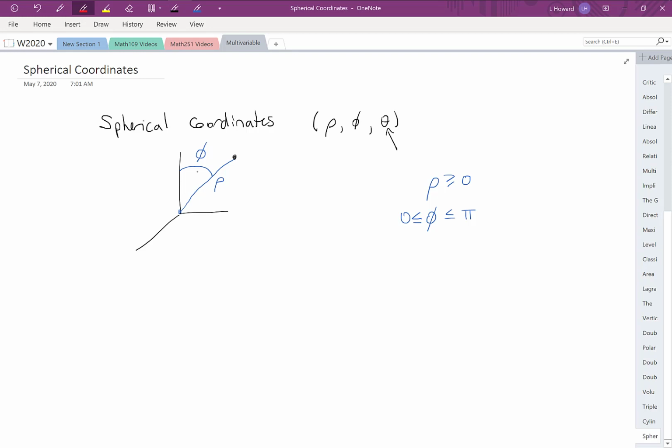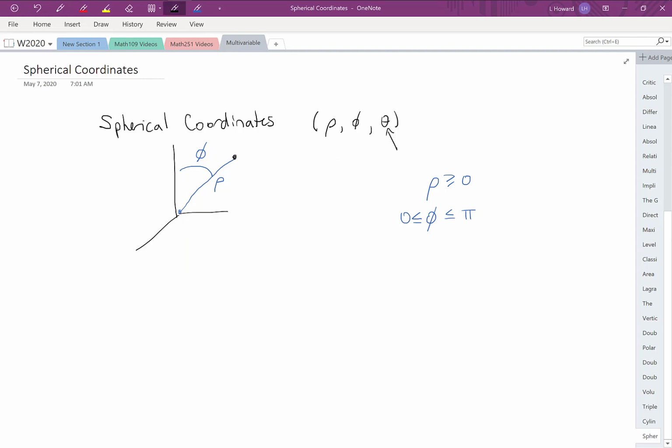So if we had a point up here, we'd have quite a small phi value. If we had a point down here, we'd have a phi value like maybe 3 pi over 4 or something like that, somewhere between 0 and pi. If we were looking at a point somewhere along the negative z-axis, then phi would be exactly equal to pi.